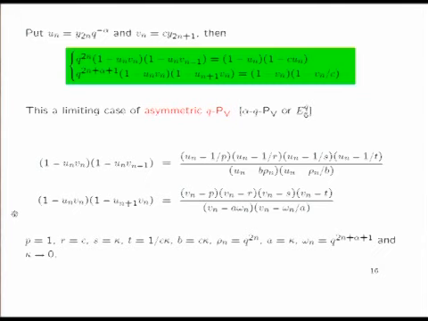If you take the parameters like I've written over here with a free parameter kappa, I put the kappa over here, there's another kappa over here in the A, and then let kappa tend to 0, you get this one. So it's a special case, a limiting case of asymmetric Q Painlevé 5.